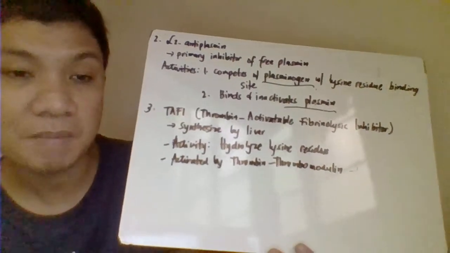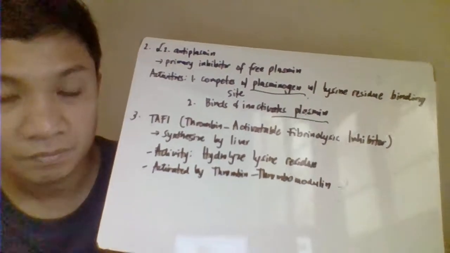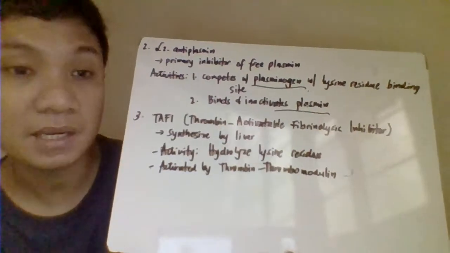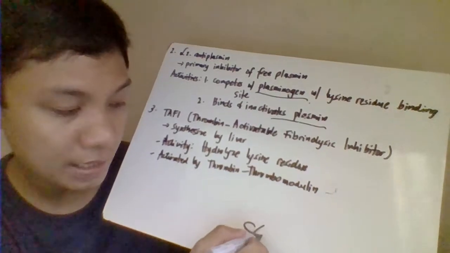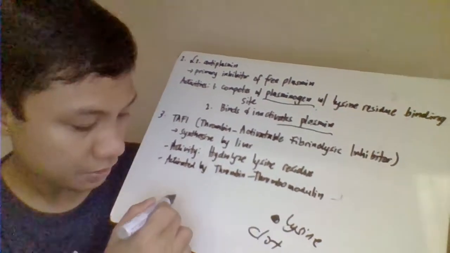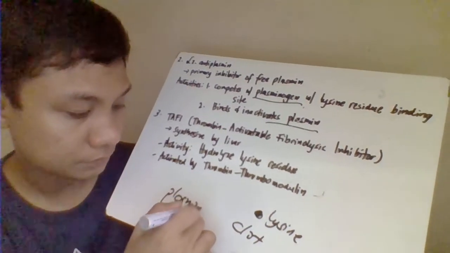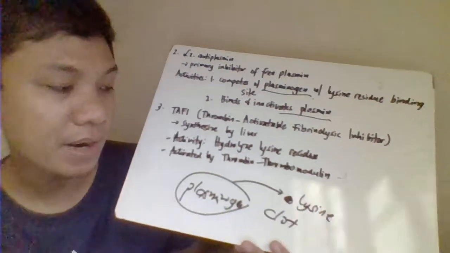And basically, its main action, it tends to hydrolyze your lysine residue. So remember that the lysine residue is the binding site of your plasminogen. So for example, ito yung clot natin ulit. Okay, this is your lysine. Okay, ito yung plasminogen natin. Magbabind ito sa lysine residue.